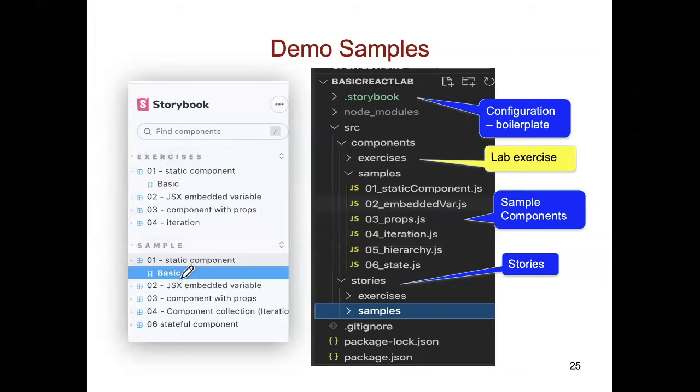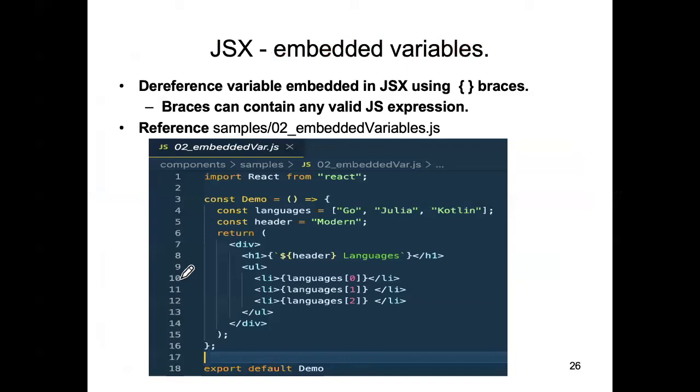Okay, so I want to step through the sample components and their associated stories so that you can then do the exercises. That's the plan. The first thing we want to be able to do is to embed variables in our JSX. The JSX that we've seen so far has been completely static.